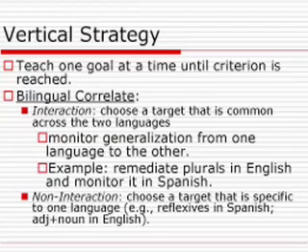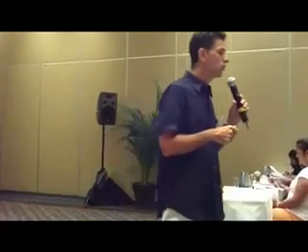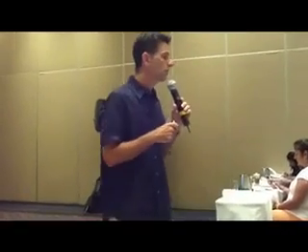Okay, second is to choose the goal attack strategy. So you're choosing your target, and you're choosing the goal attack strategy, that is the way that you want to implement that particular target. So you might consider first a vertical strategy, where you teach one goal at a time until the child reaches a criterion. So the bilingual correlate is, from an interaction perspective, choose a target that's common across the two languages.